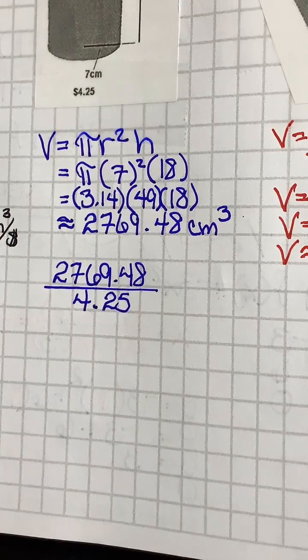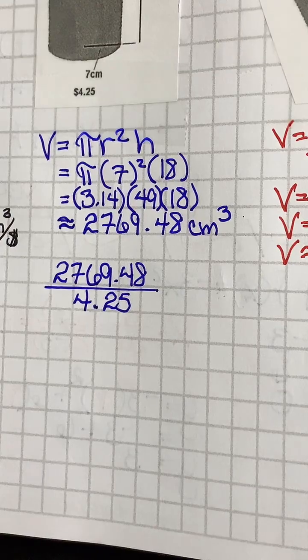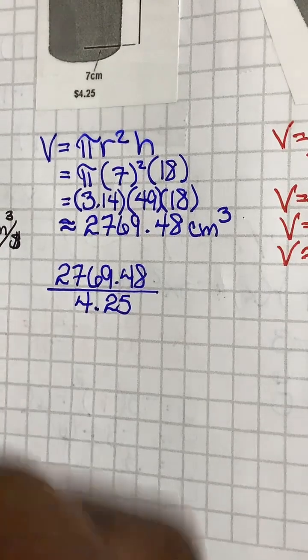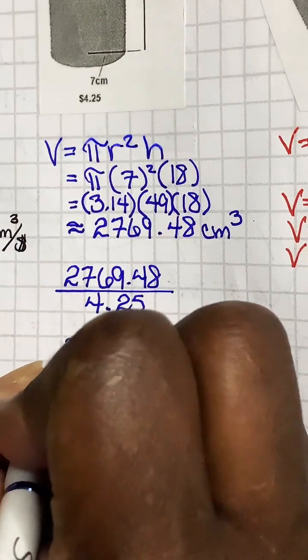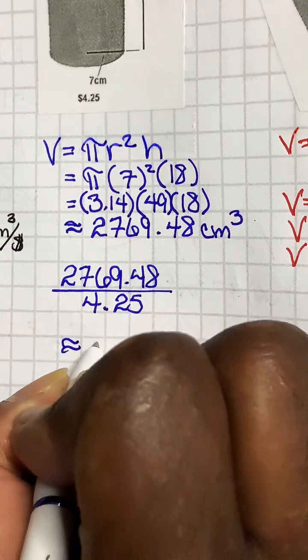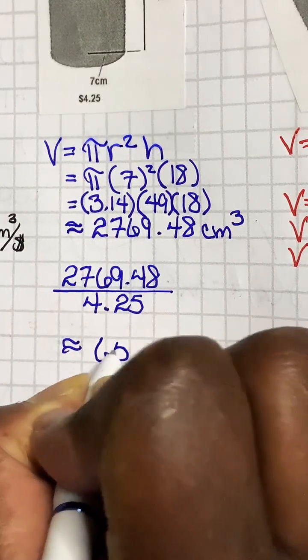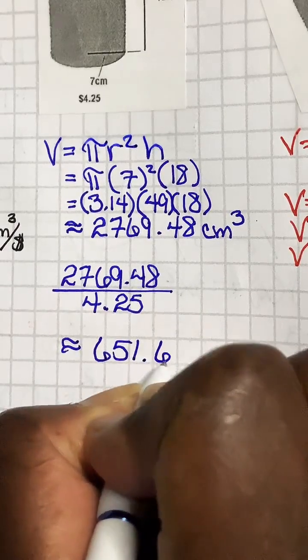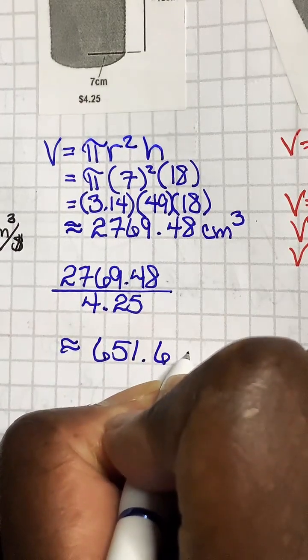Hey, it's been a moment. Yep, totally wouldn't have gotten that. So this one's approximately 651.6 if I wanted to round.